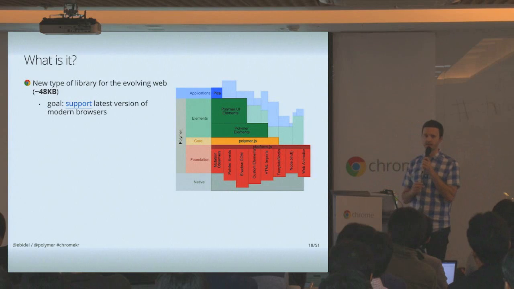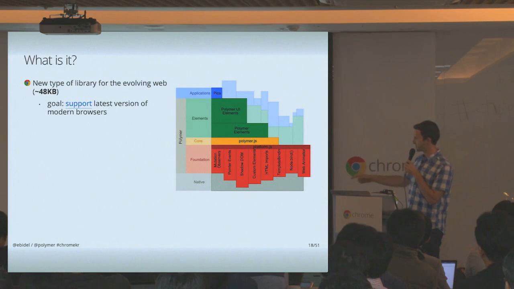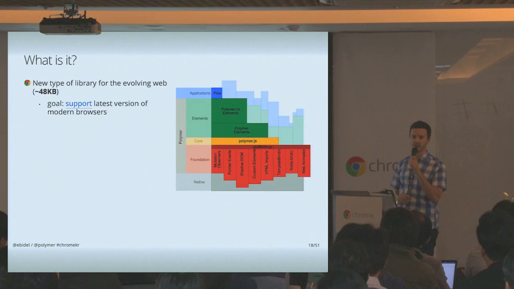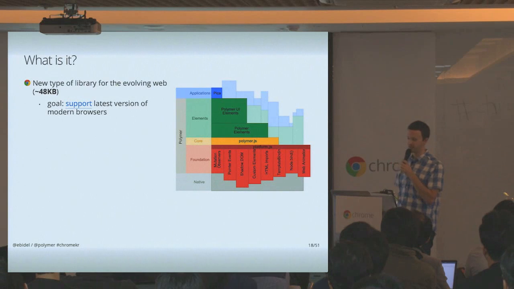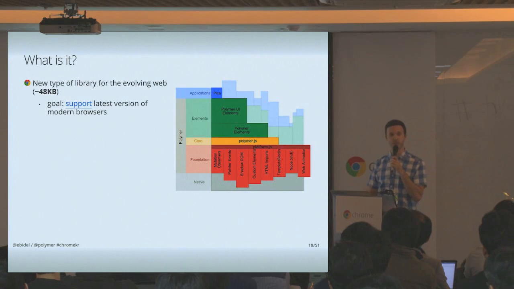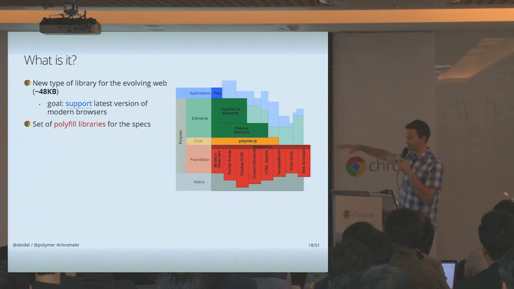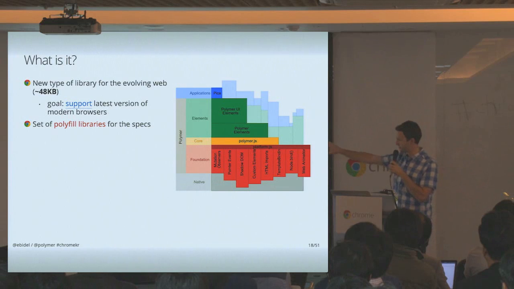One reason is that polyfilling something like shadow DOM is a very, very complex topic, and supporting that in older browsers with limited JavaScript capabilities is almost impossible. So it's a polyfill library. That's this red layer, the foundation all of Polymer is built on top of. It's built on top of web components, and you can think of that red layer as the foundation.